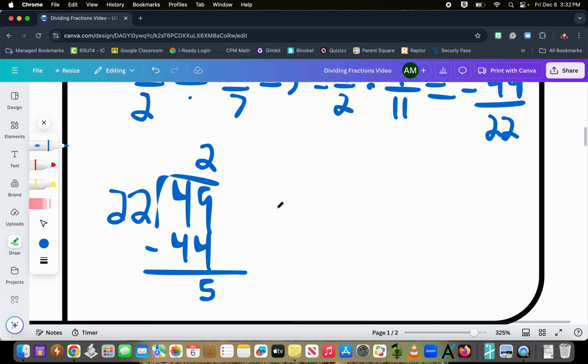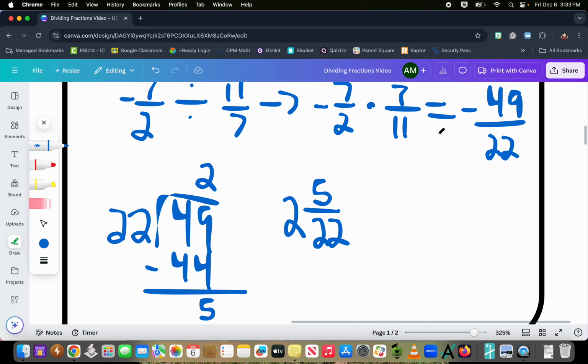So 2 becomes my whole number. My remainder is my numerator, in this case 5. And the denominator is always going to stay the same. The denominator up here is 22, so my denominator down here is still going to be 22. And I know it was a negative 49 over 22, so my answer is going to be negative 2 and 5/22.